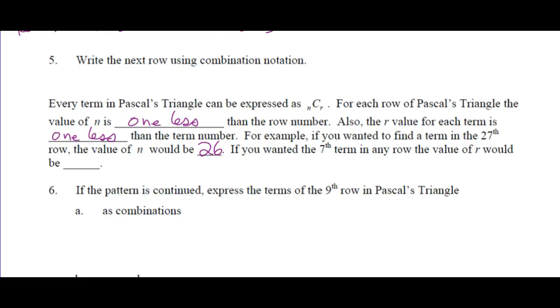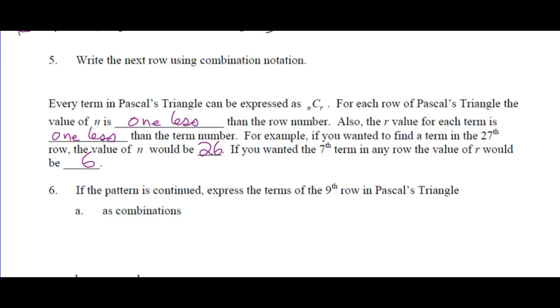If you wanted the 7th term in any row, the value of r would be 6. So just remember as you go along a row, in combinatorics notation, it's always starting with n choose 0, n choose 1, n choose 2, and so on, all the way up to n choose n.